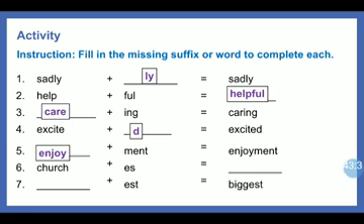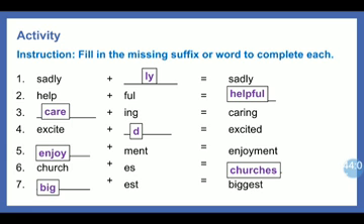We have church plus es, so what's the new word? Churches. And for the last one, we have the word biggest, but we have no root word, and the suffix is est. So what is our root word? Our root word is big.